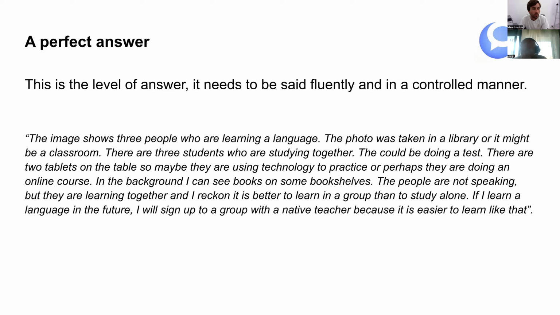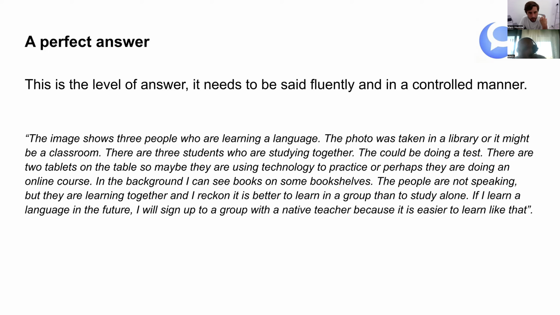Okay? So, what we need to do is you need to give an answer like this kind of level. If you have extra time, imagínate que el examen lo dice, tienes que seguir, que no has llenado el minuto. Simplemente das tu opinión sobre lo que ves. Das tu opinión sobre aprender idiomas, ¿vale? Now, this is the type of level.